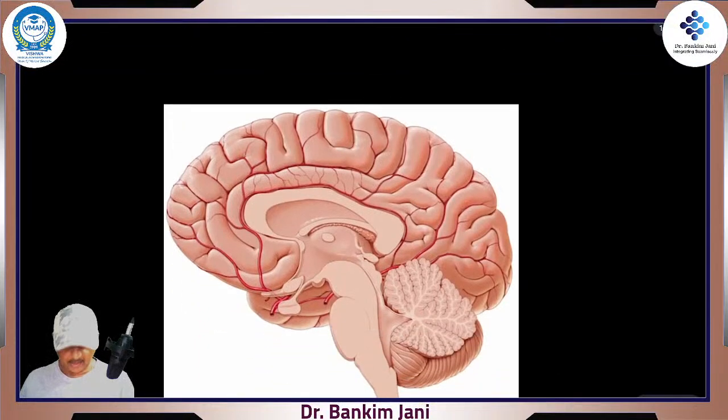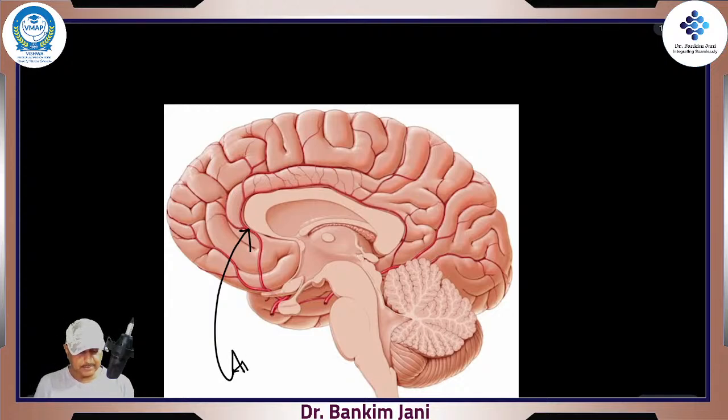Yeah, this is one figure. It came at the correct time. This branch, this one, is the anterior cerebral artery. Now we know that as it goes, it gives branches. So it is supplying the medial part.